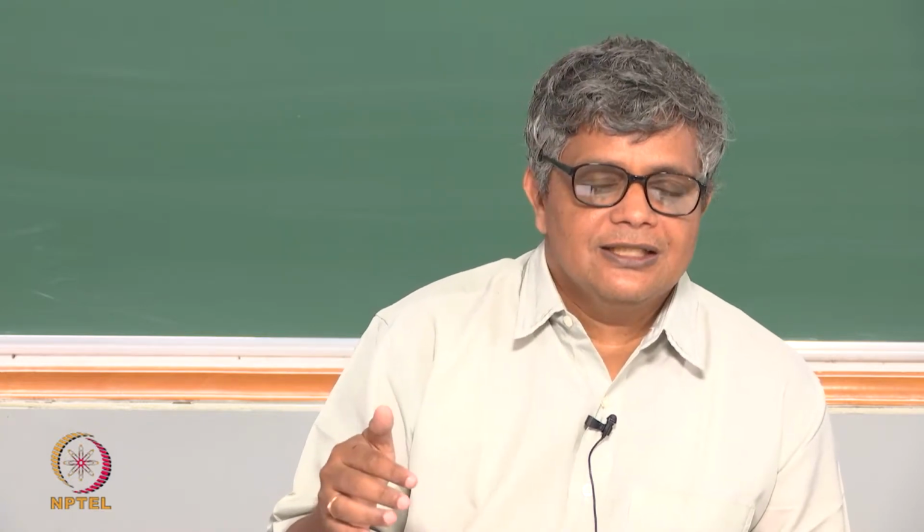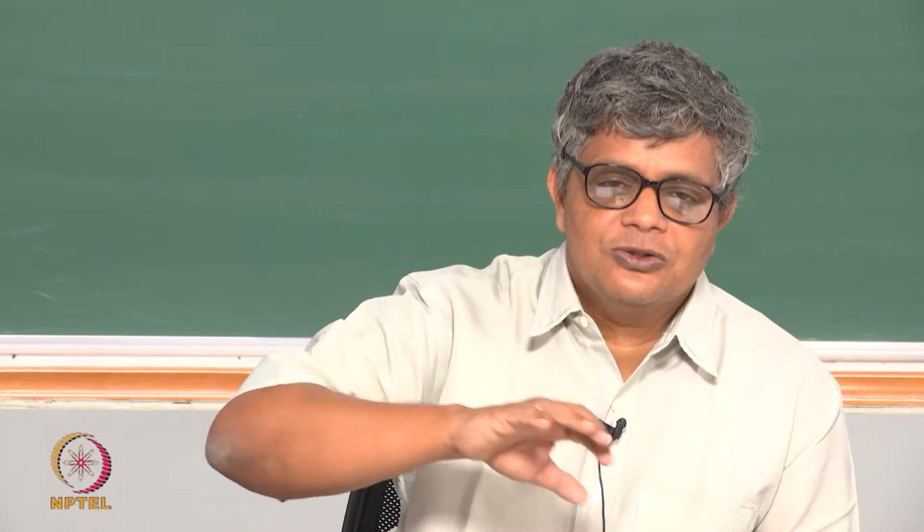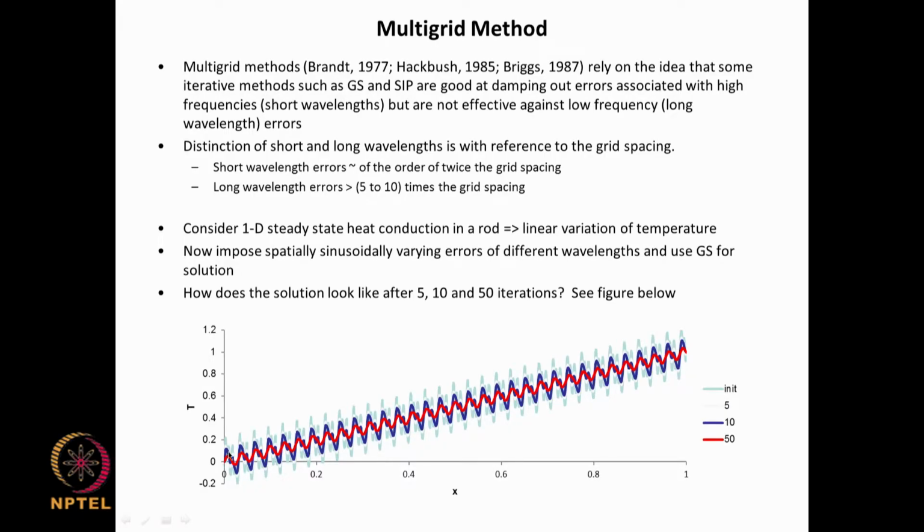So a Gaussian method or any other method would try to damp out these errors so as to give rise to the linear variation. Right now this is the kind of variation, this is the kind of expected T that we have, and we would like to go from the faint blue one to the red one, and that is happening over 50 iterations in this particular case.